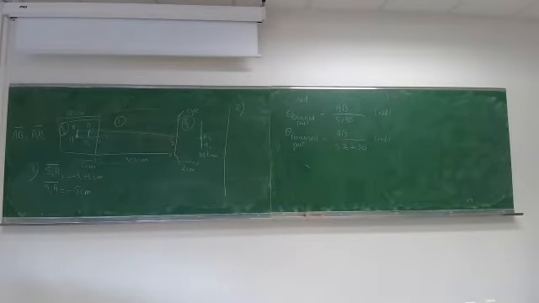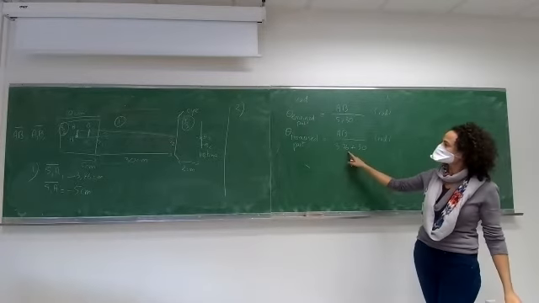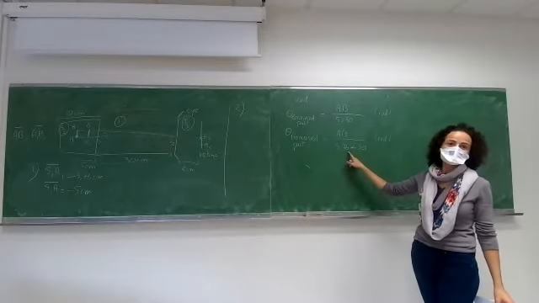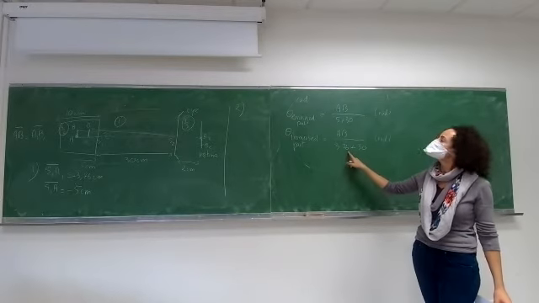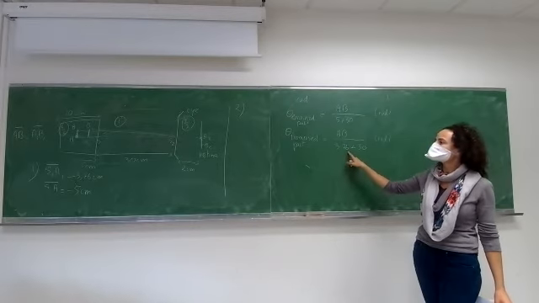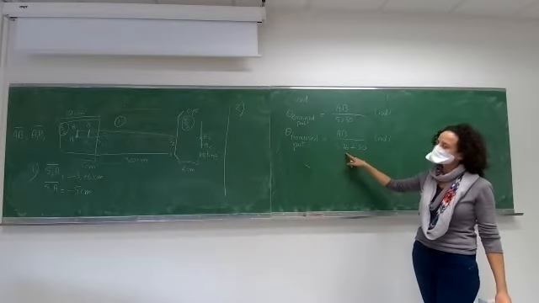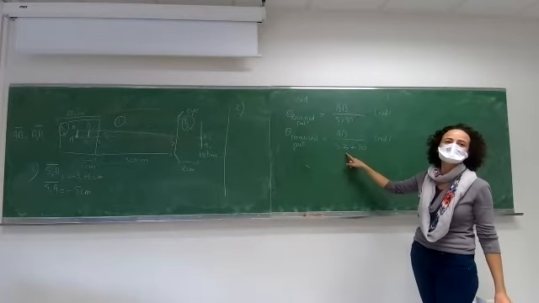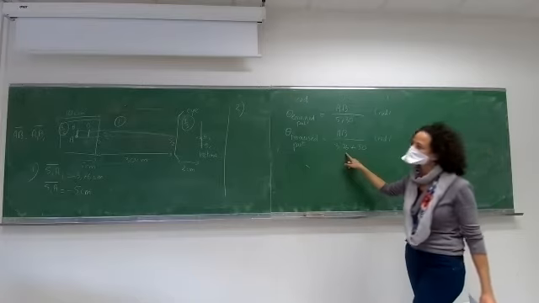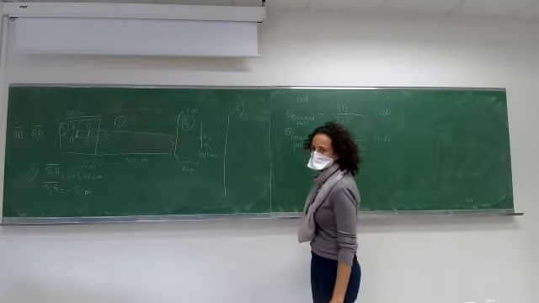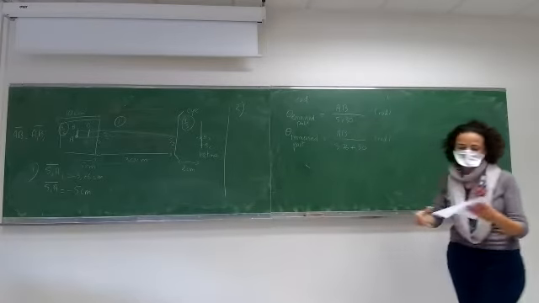So we see that this angle is bigger. What does this optical system actually do? It magnifies the angle. It is a magnifier for the angle, not for the size.